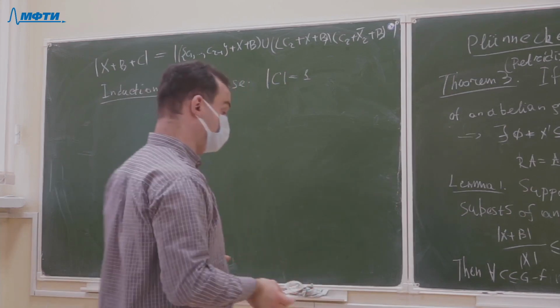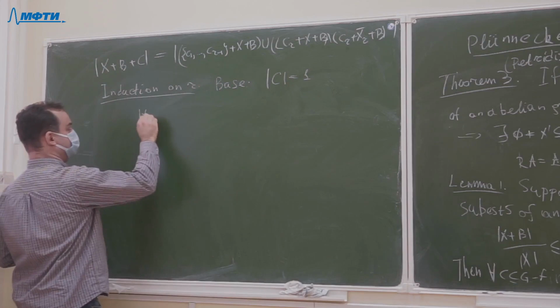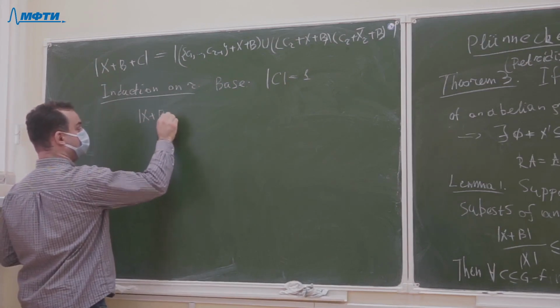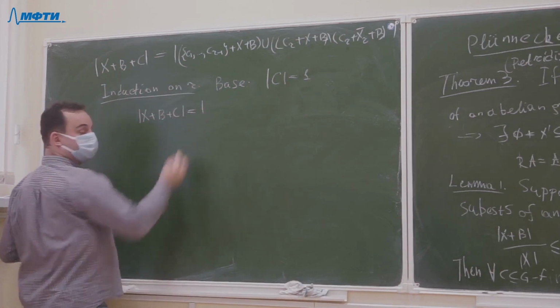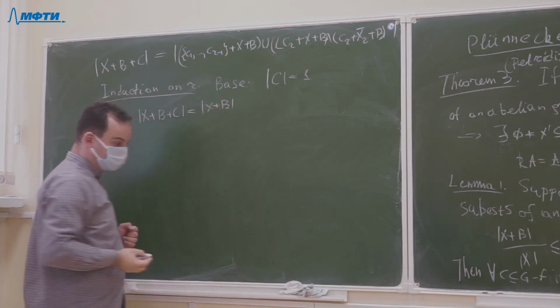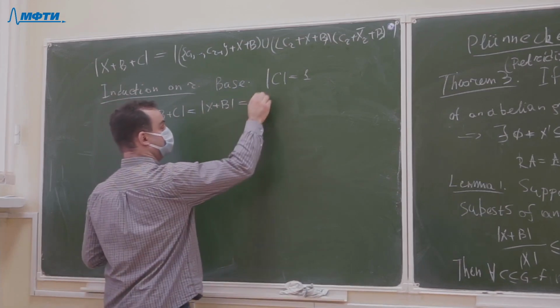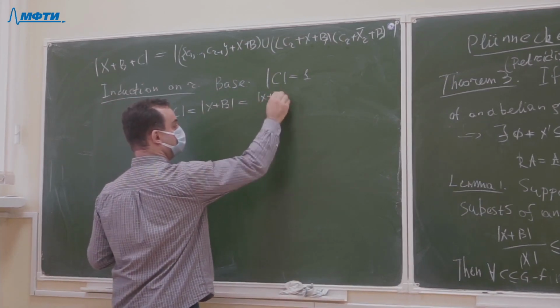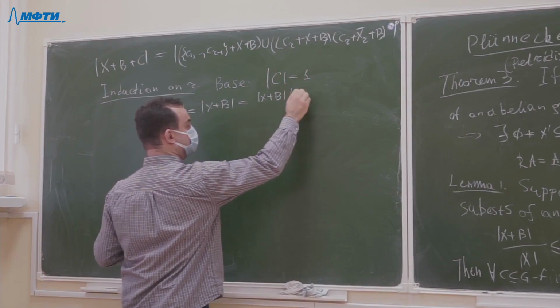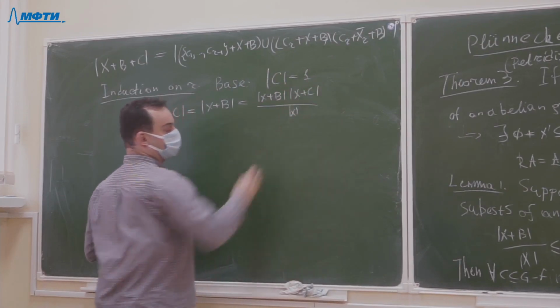Then X plus B plus C has cardinality X plus B. And this is equal to X plus B plus X plus C divided by X, right?